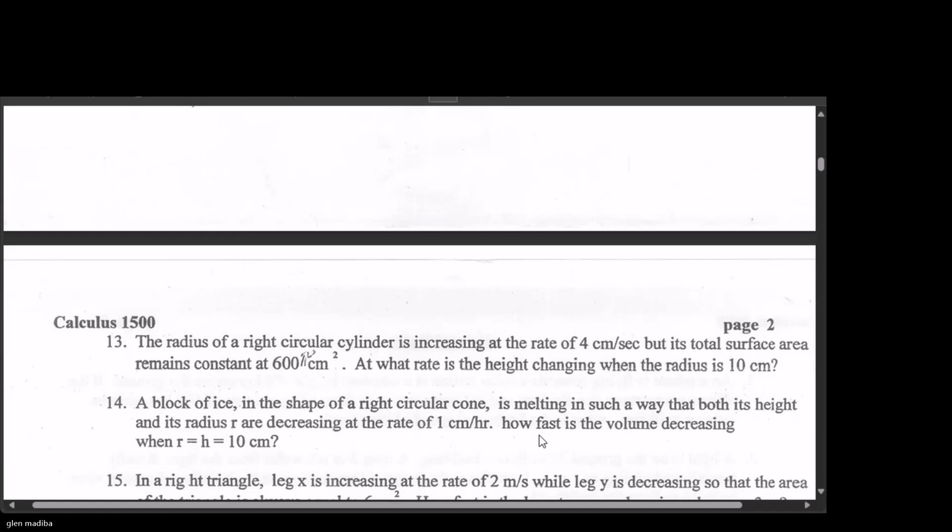Okay, so my answer is I've got 100 pi centimeters cubed per hour. I got negative 100 pi centimeters cubed per hour, decreasing, yes, it's negative. I have the same answer.